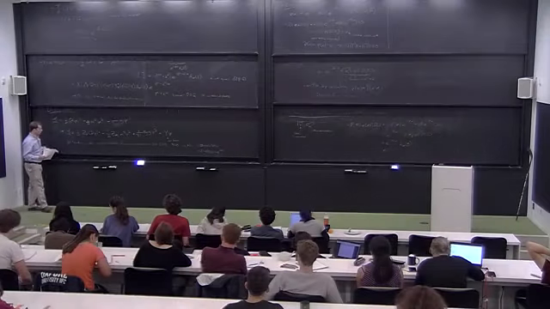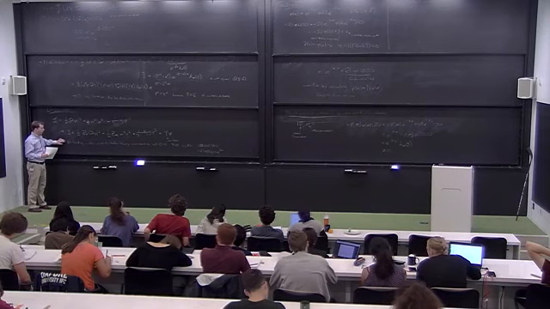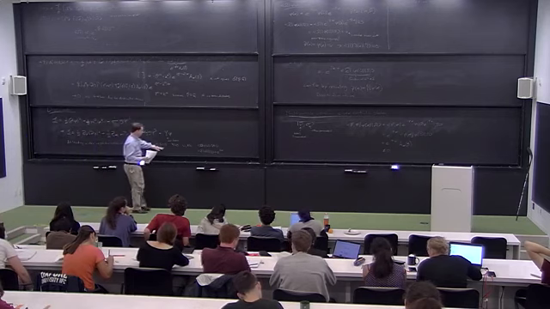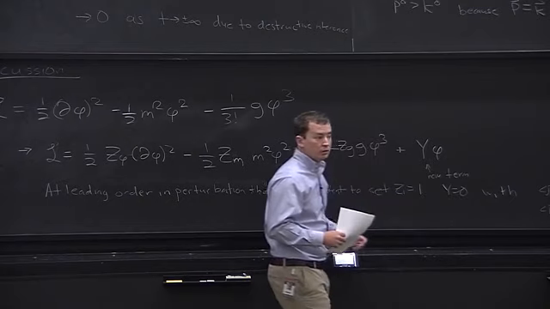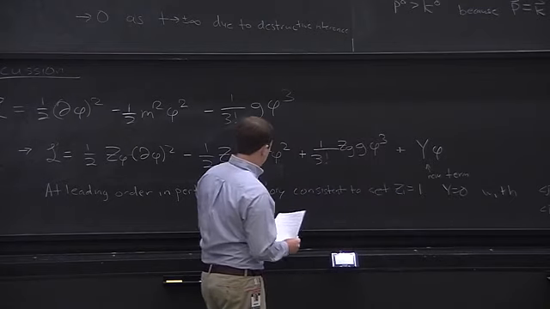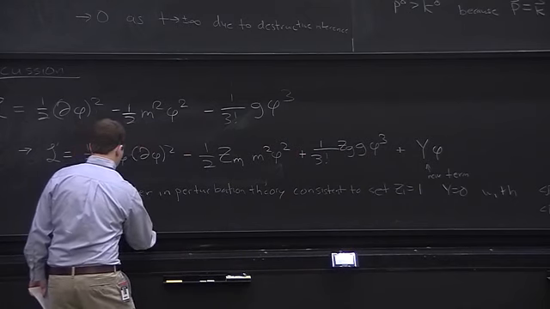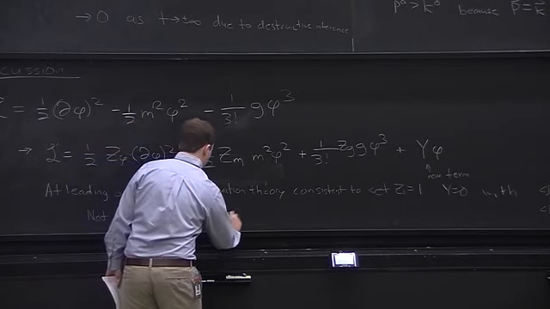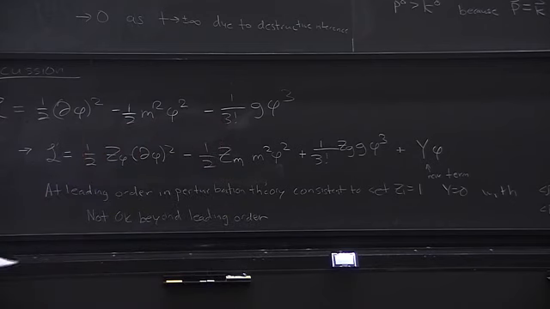I'm going to do that just for notational simplicity, but you should keep in mind that once we go beyond leading order, we need to account for the fact that these coefficients change, and we sometimes get new terms. And I'll have more to say about this next Wednesday.